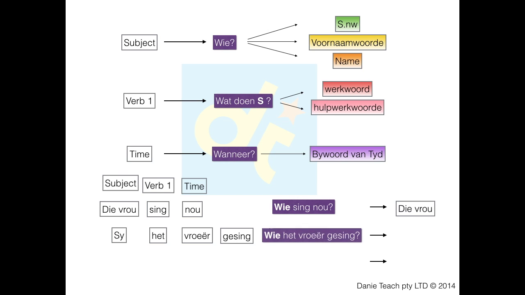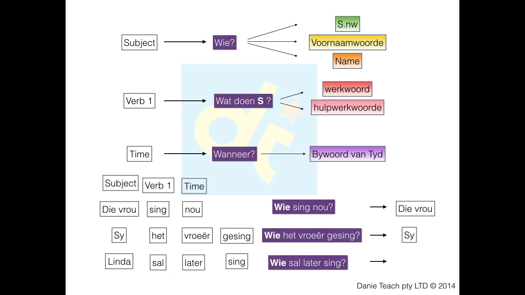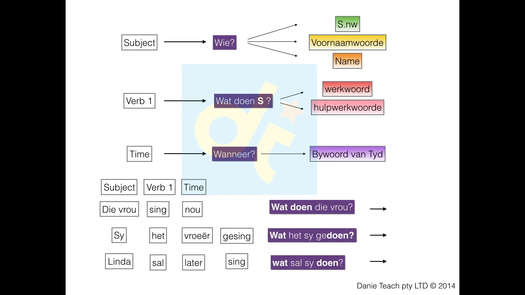But still, if we ask wie het vroeër gesing, the important word to look at here is the word wie. And obviously our answer would then be sy. Very good. Linda sal later sing. Wie sal later sing would be your question, and your answer very easily, you spot the name immediately. Linda sal later sing.